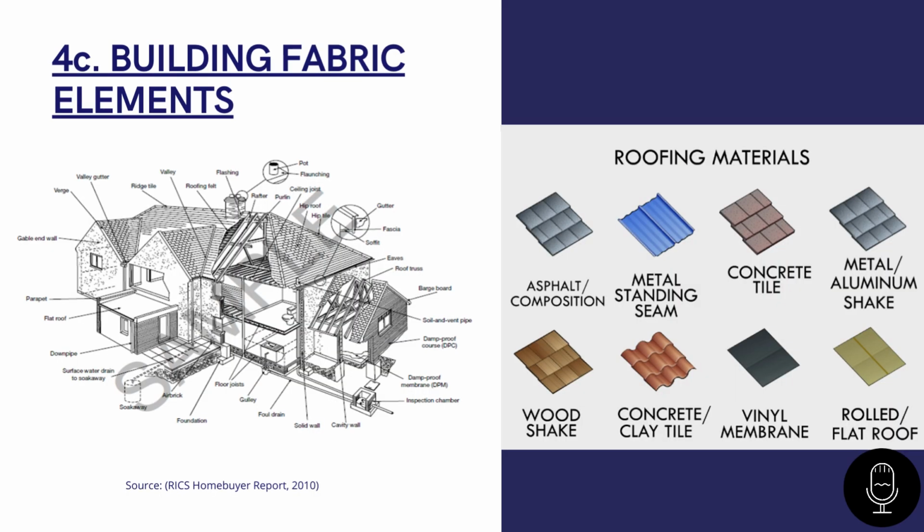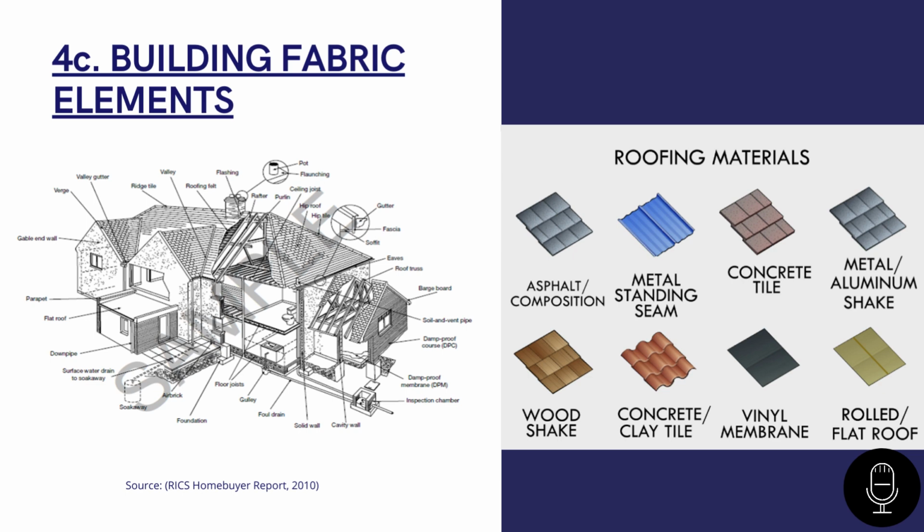Guys, now we are discussing the building fabric elements. The RICS, or Royal Institution of Chartered Surveyors, Home Buyer Report in 2010 declared several building fabric elements that are particularly involved in normal construction.